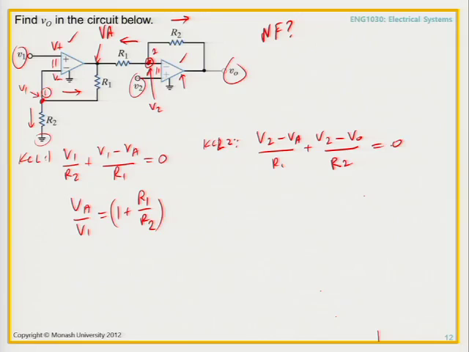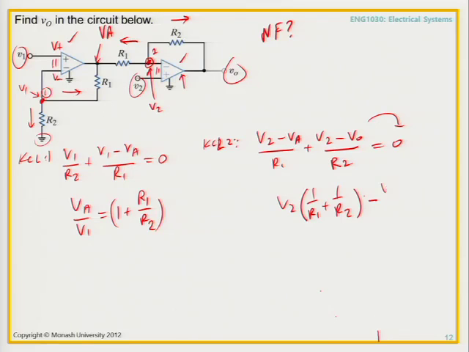Equals 0. So what can we do? Well, let's collect up the terms. Okay, so what do we got? Let's make VO go to the right-hand side. So therefore, you'll get V2 outside of 1 over R1 plus 1 over R2.